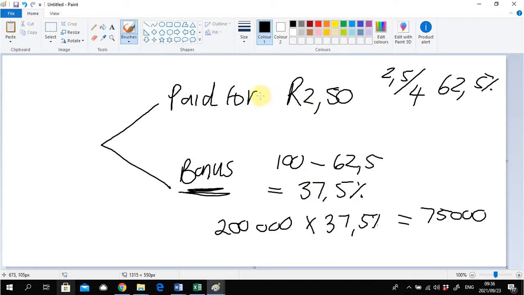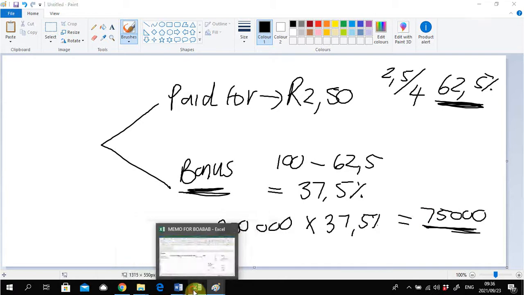There's a portion that is paid for, and then there's a bonus element. We calculate the percentage that was paid for, 62.5%. That means the bonus element needs to be the remaining 37.5%, and this 37.5% is then multiplied by the share options so that we can get the bonus element of the shares.